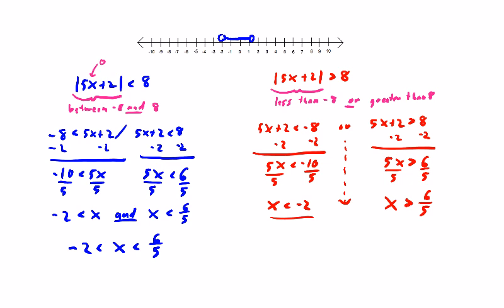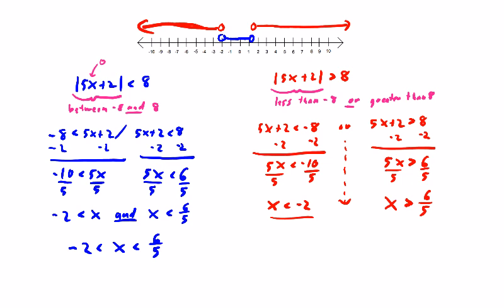What does that look like? We would come up here and say that it has to be less than negative 2, so that's everything to the left. Or x must be greater than 6/5. So notice the solution to what is in red is exactly the opposite of the solution in blue, because we reverse the inequality.